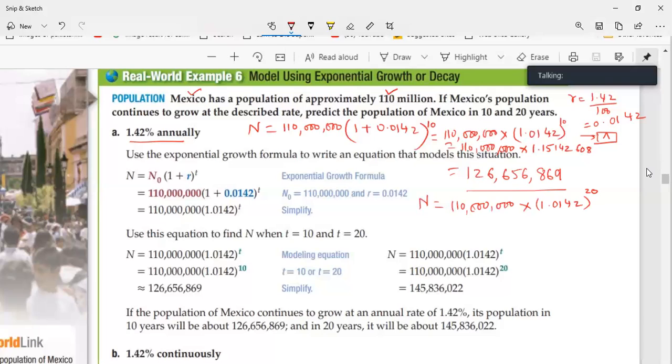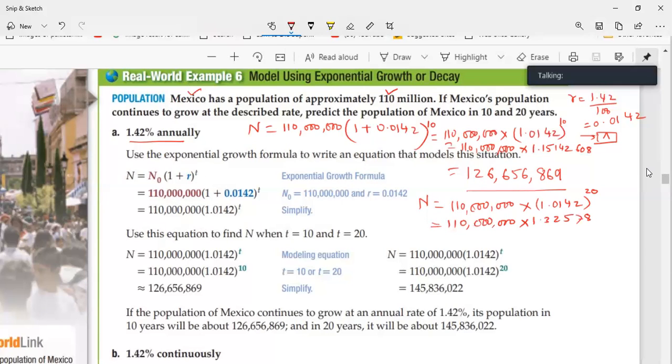The answer will be 110,000,000 times 1.32578.